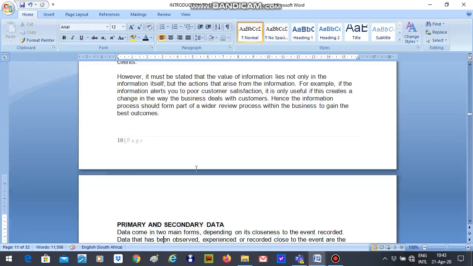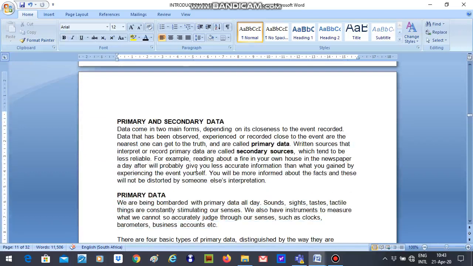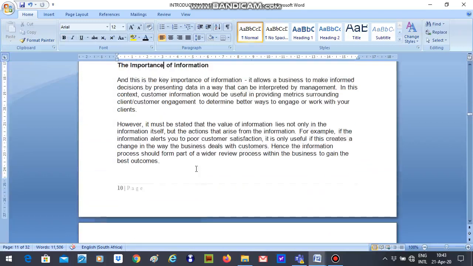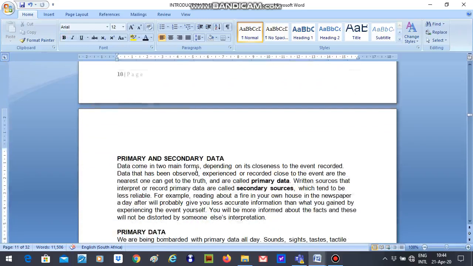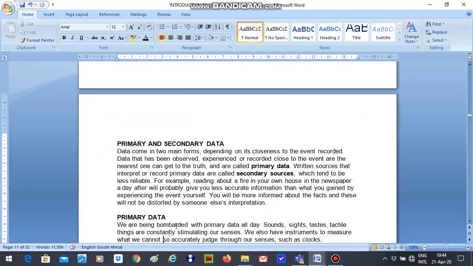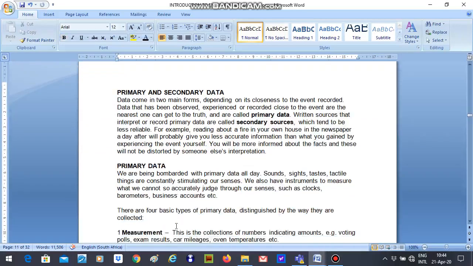Let's scroll down and look at the different categories of data. We have secondary data and primary data. These are the forms of data. Primary data is usually raw, and examples of that are observation, experience, or recorded data.